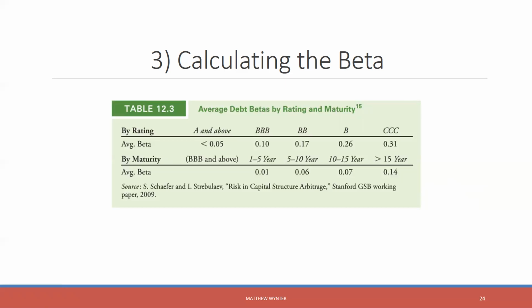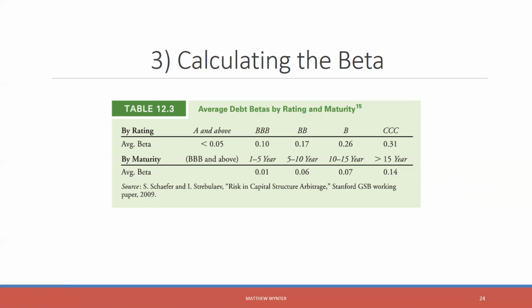Notice that with really, really high rated debt, so debt that poses very low risk of being defaulted on, it has a very low beta. And hopefully that makes intuitive sense. We don't think of something safe as being risky. So if it's very safe debt, it should have a very low beta.